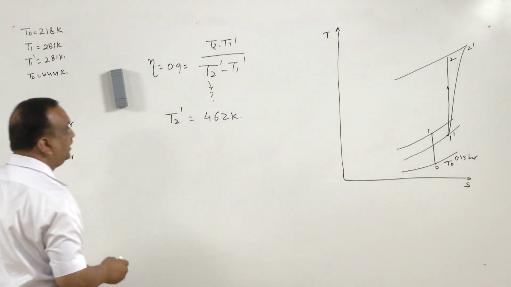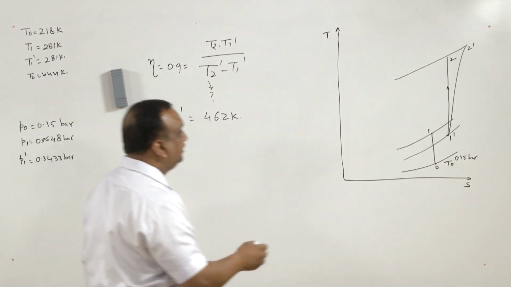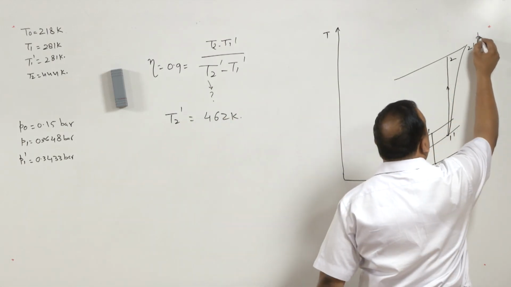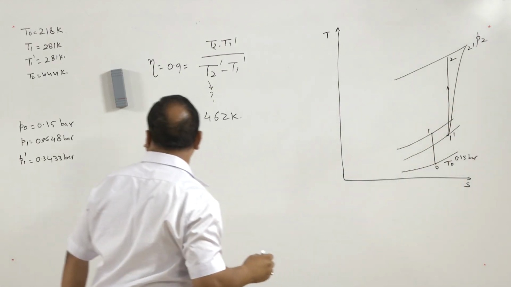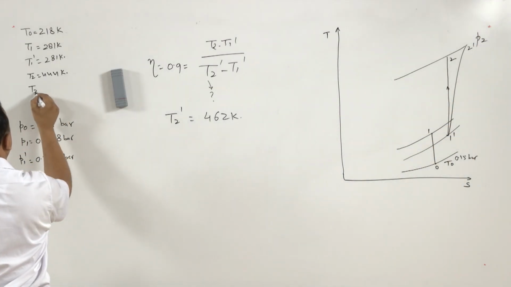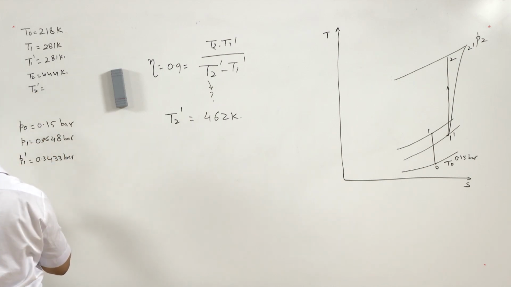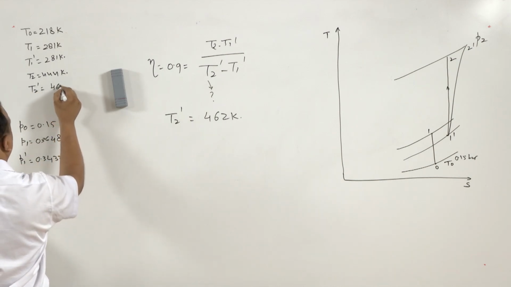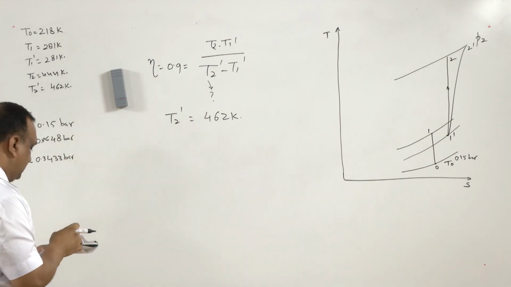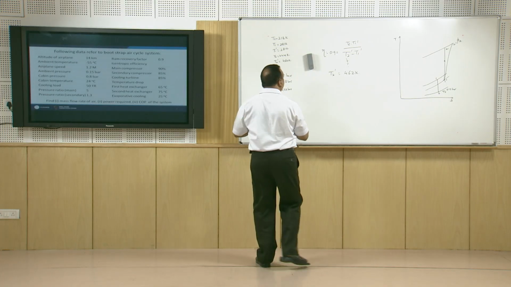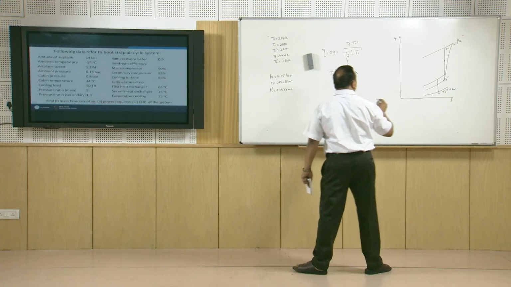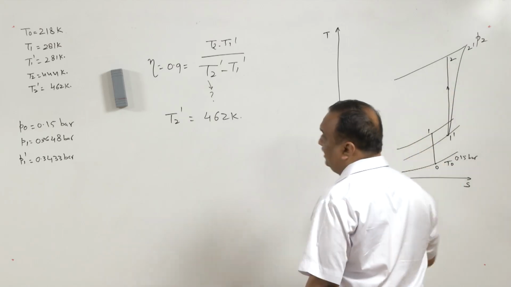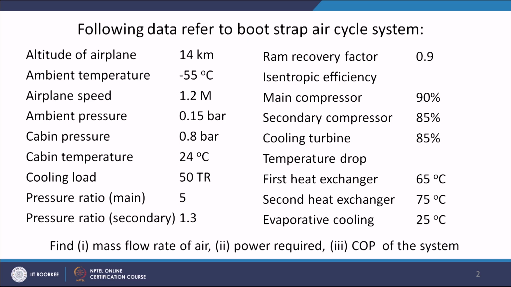So, now we have another temperature at this pressure P2, T2 dash, which is equal to 462 Kelvin.